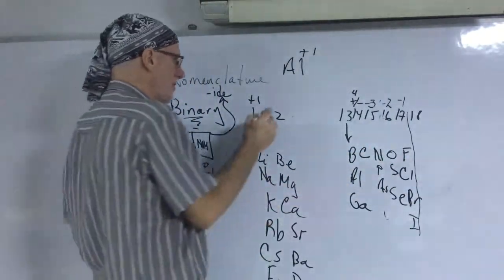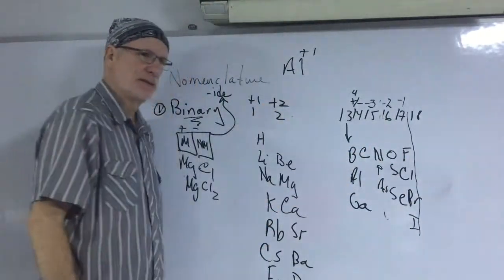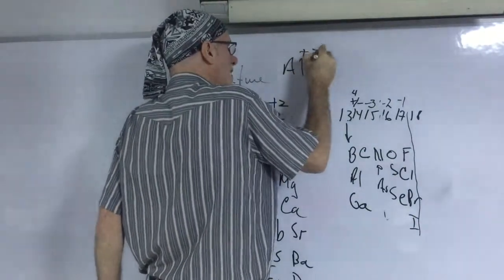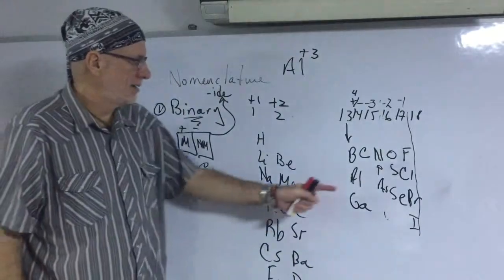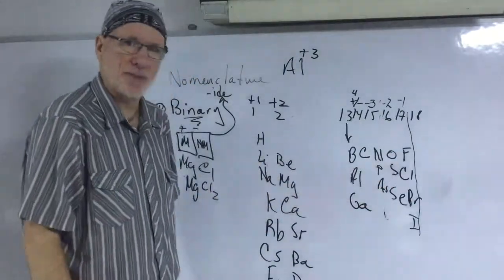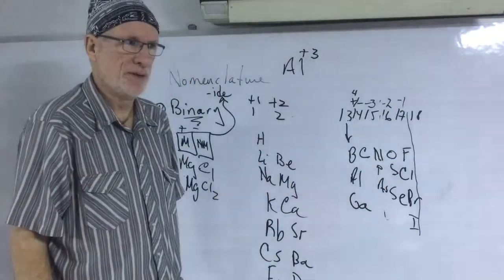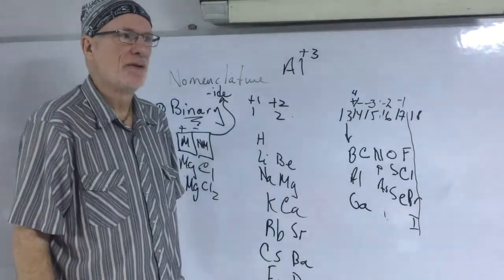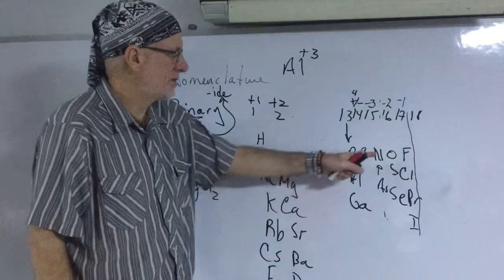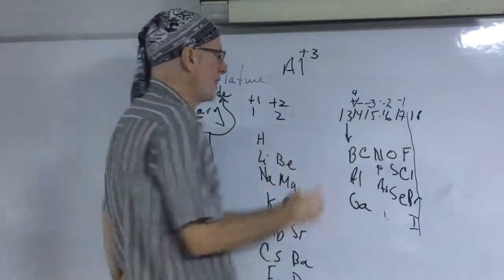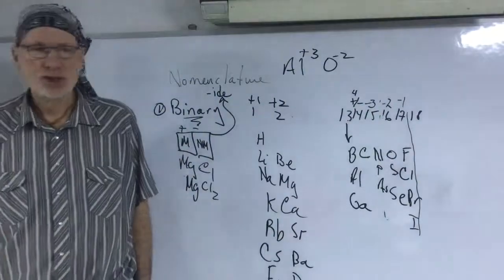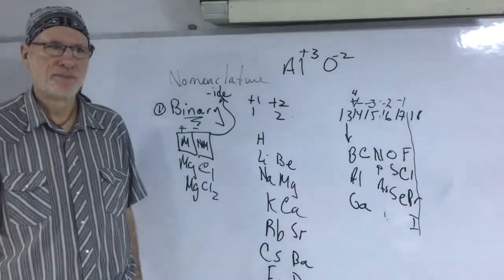So this is going to be +2, right? All right, so this is going to be +3, and then oxygen is going to be what? -2, yeah, it's right in front of you. Okay, so what's the formula?